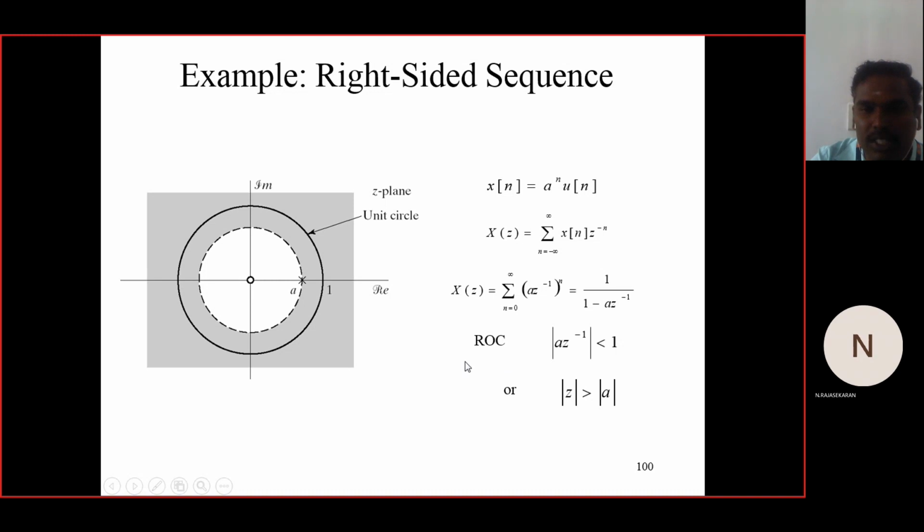So the ROC must satisfy this condition on 1 minus a z power minus 1.